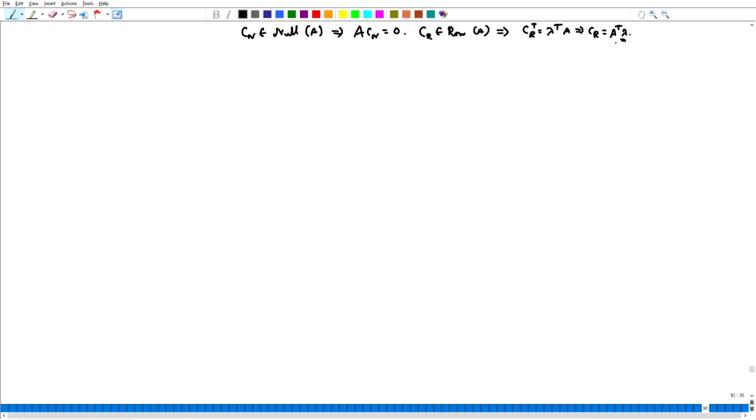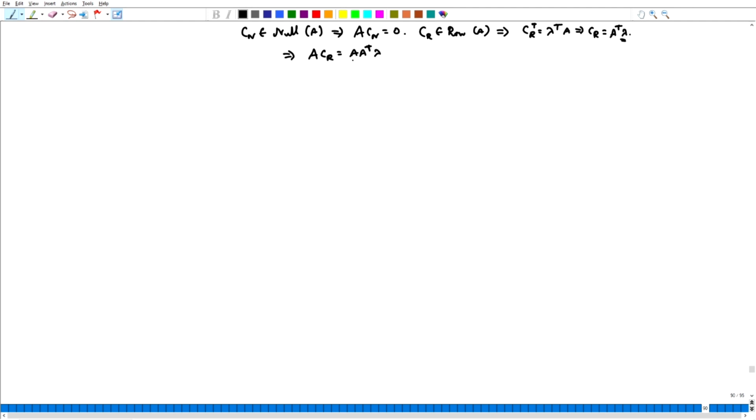Of course, I can. To find lambda, I will write A Cr equal to A A transpose lambda. And I claim that A A transpose is invertible. Why is that? Because the rank of matrix A is equal to m.